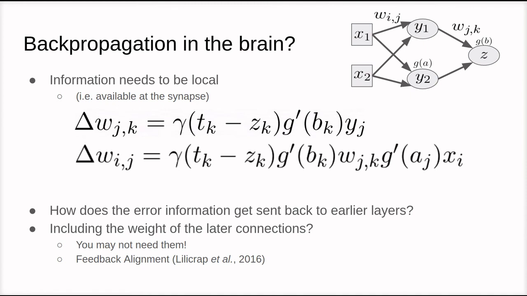But the weight update rules that we have derived have global knowledge in the form of the error function at the output of the network, and the synaptic weights of neurons between the neuron you're currently training or updating and the output of the network.